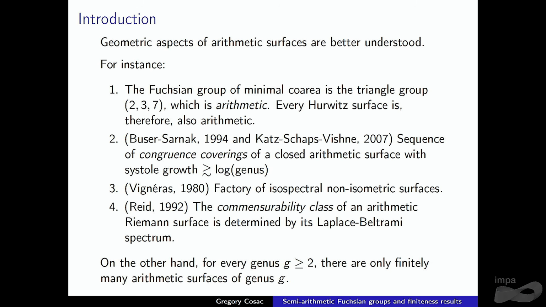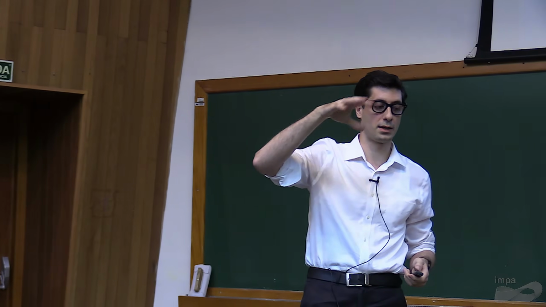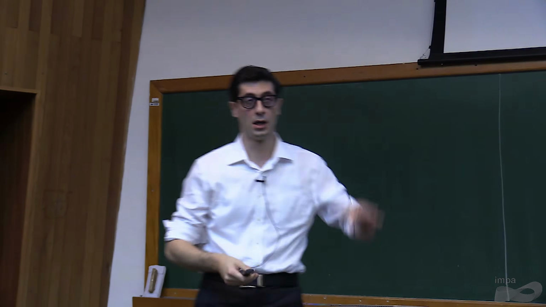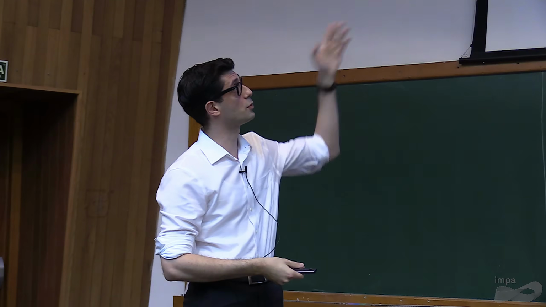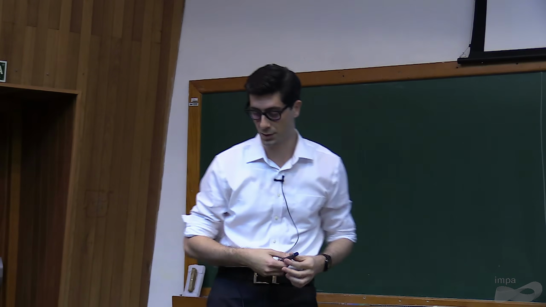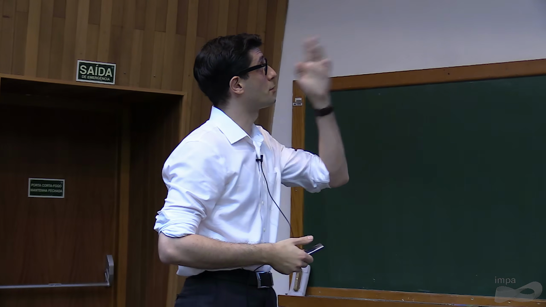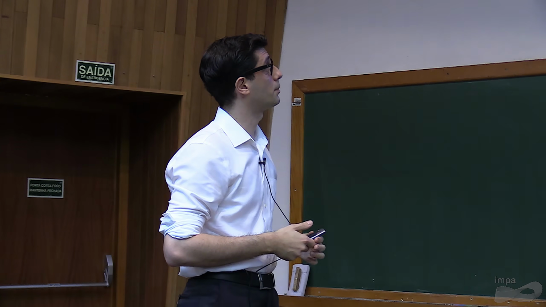And as a consequence, every Riemann surface whose group of isometries has the maximum possible cardinality will have to cover this orbifold and will also be arithmetic. Those are called Hurwitz surfaces. So this is one instance of where arithmetic groups pop up.